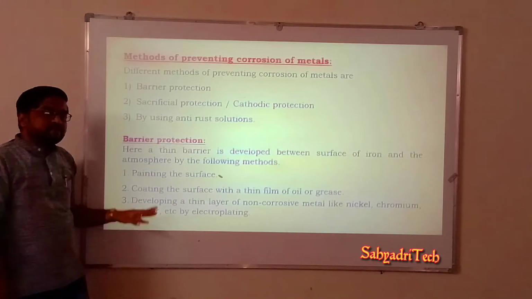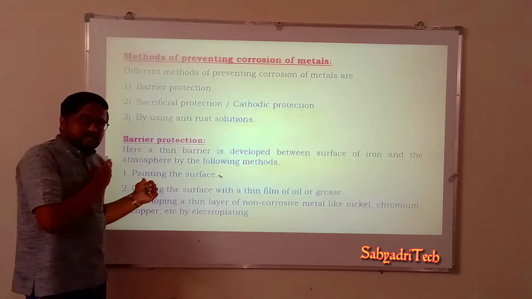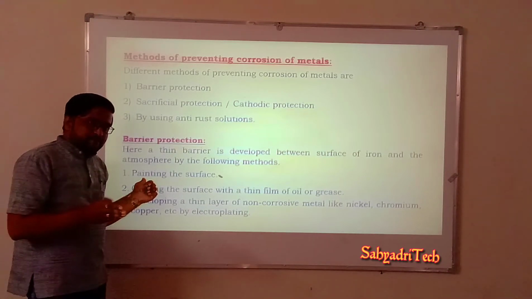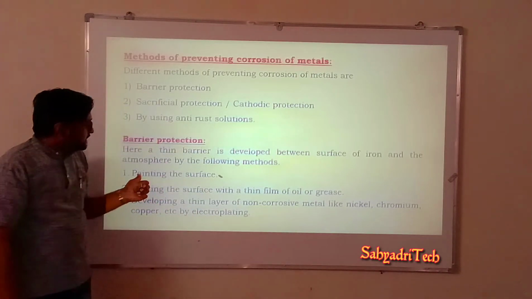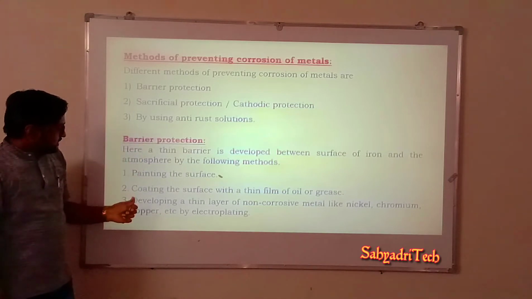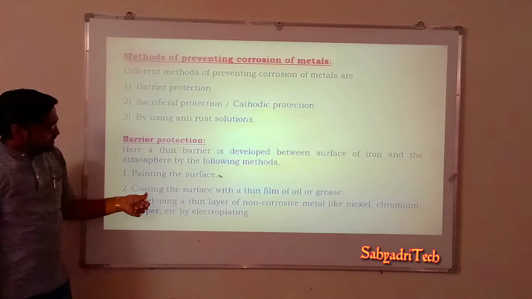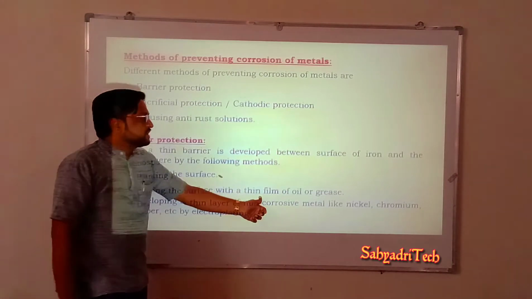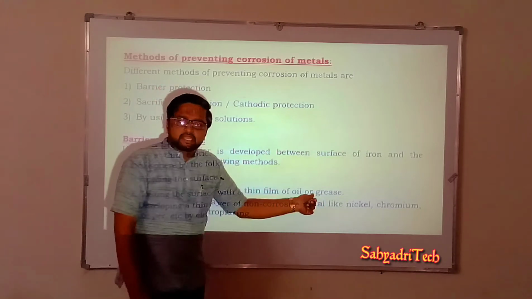So how are we creating the barrier? It can be done by painting. A thin layer of paint, if placed, creates a barrier here. So by painting, we can create a barrier. Second, by coating the surface with a thin film of oil or grease. So it's the second way of creating a barrier.